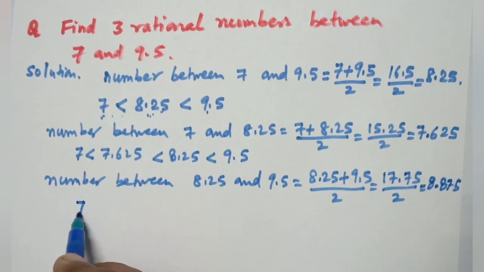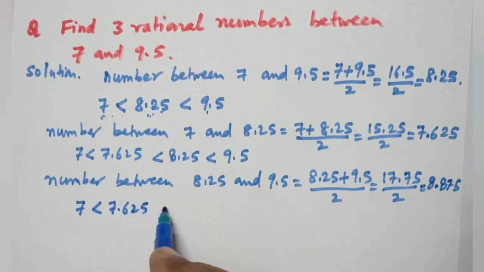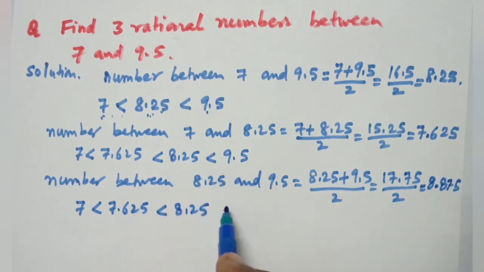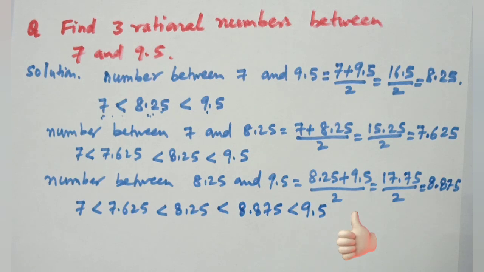So finally we got 7 is less than 7.625 is less than 8.25. The last number we found between these two will be written between them. So that is 8.875 is less than 9.5. Clear? In this way, we can find more numbers also, but we have to write the same thing again and again, so it becomes very lengthy.